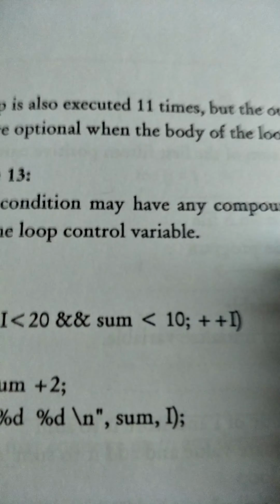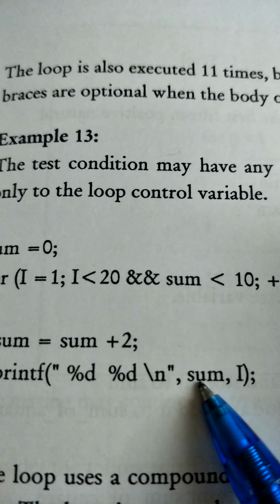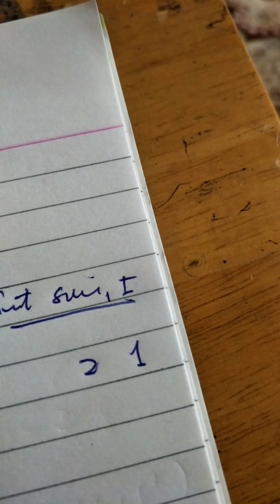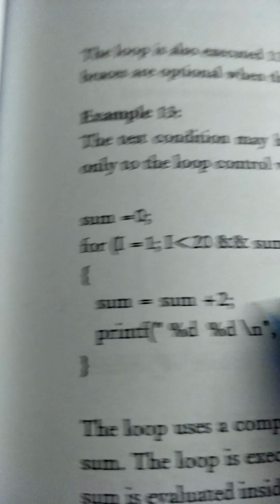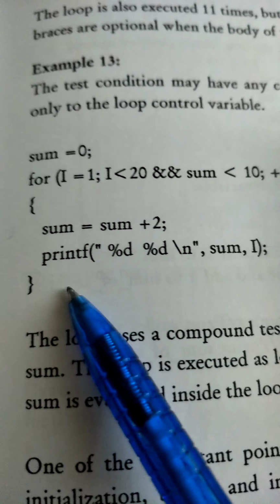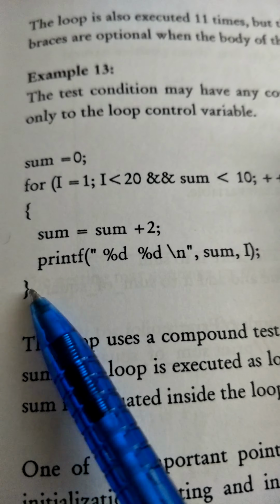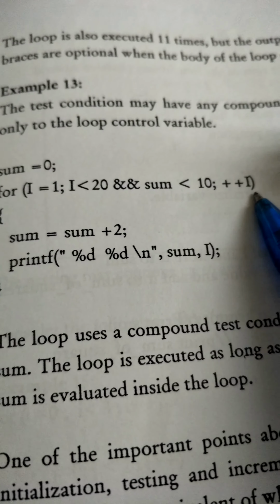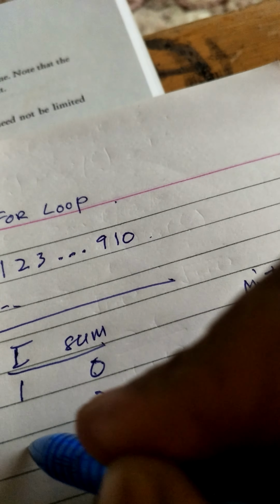And then we print sum and I. So the value of sum here is 2, the value of I is 1. Okay, and then the compiler will meet that closing bracket, so it goes up, increase I by 1. So I is 2.